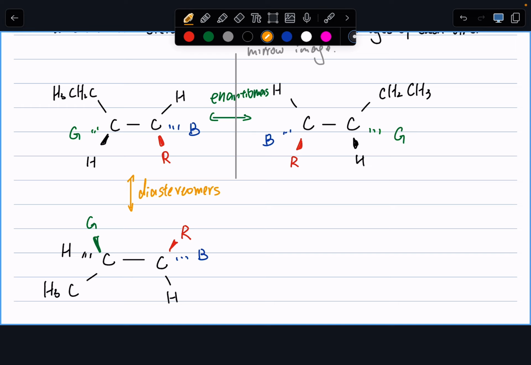All right. And what if I start from this one on the bottom, and now I change my top molecule, I change their position in space to build an enantiomer. How should I do that? I want to keep this one unchanged. I want to be able to build a mirror image of the one on the bottom.